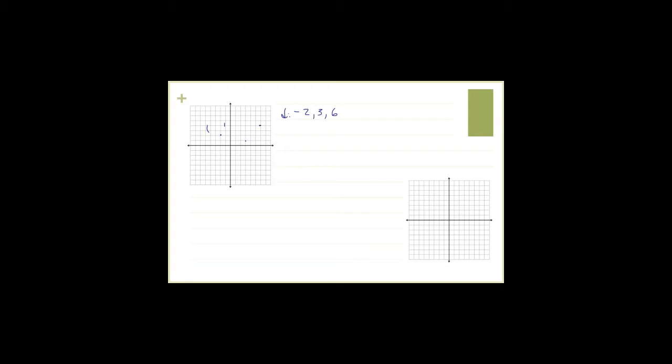This point is -2 something, this point is 3 something, and this point is 6 something. So those are the values of the domain.